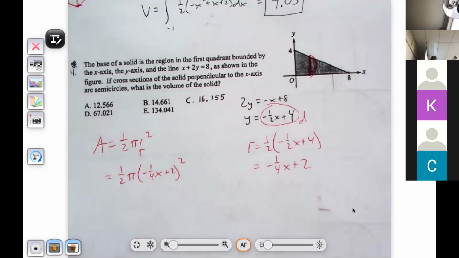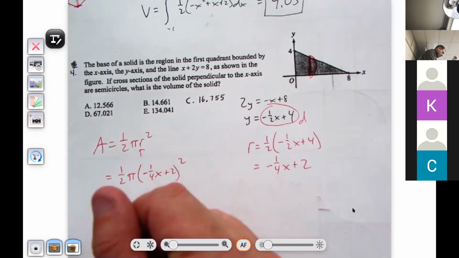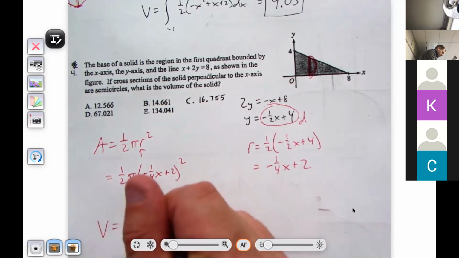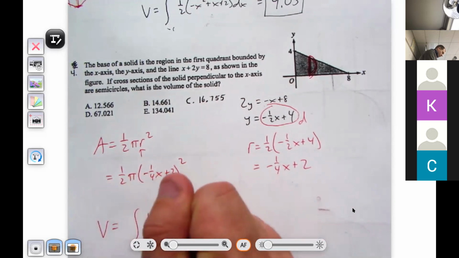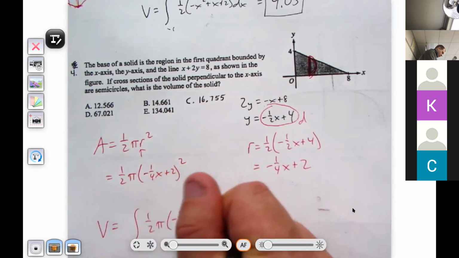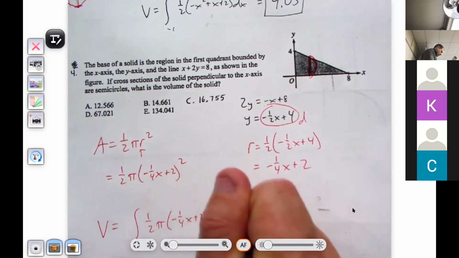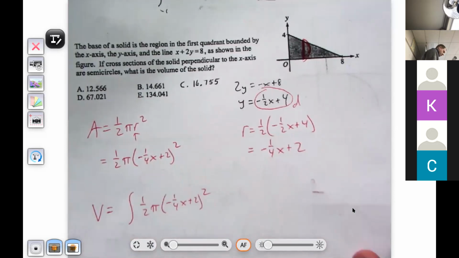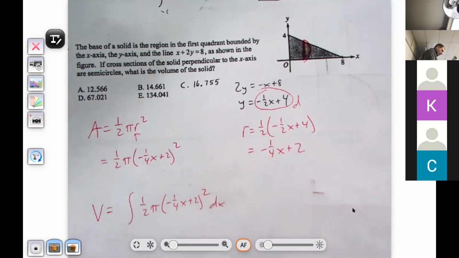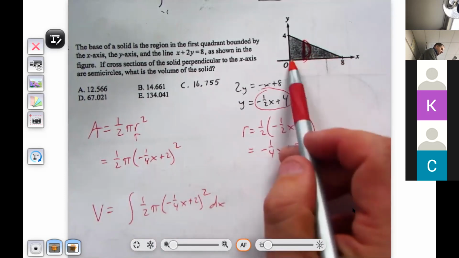So it's 1/2 pi times that radius squared. That area is what goes inside the integral. And it's x's, so we're integrating from 0 to 8.